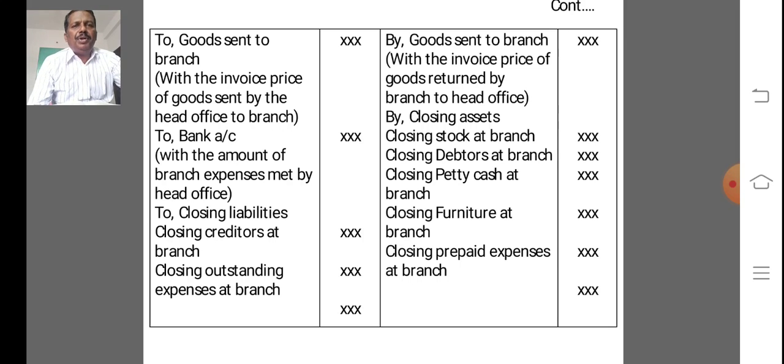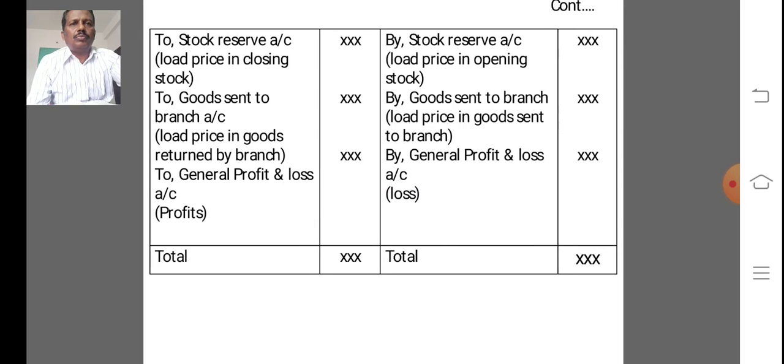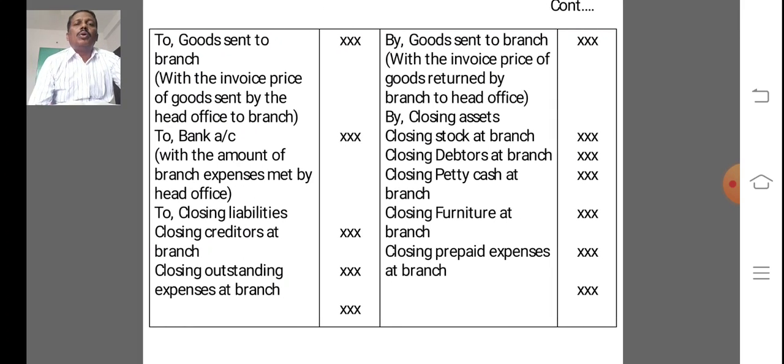And again, debiting bank account with the amount of branch expenses met by the head office, and to closing liabilities, that is closing debtors at branch, closing outstanding expenses at branch.